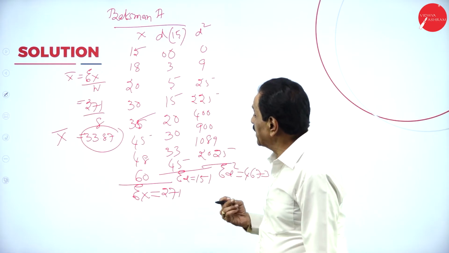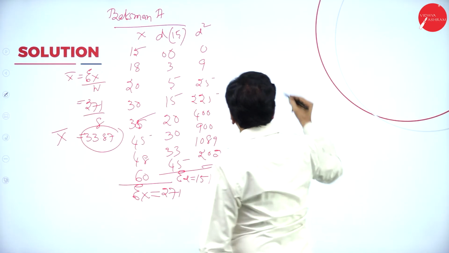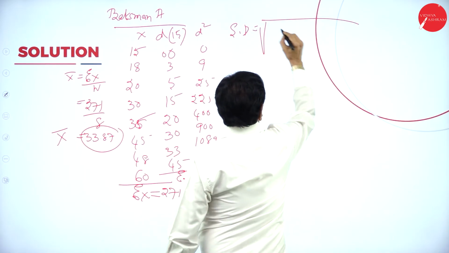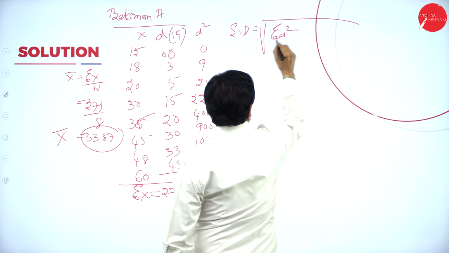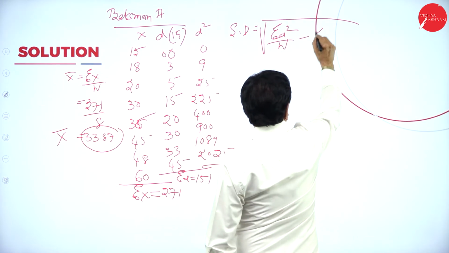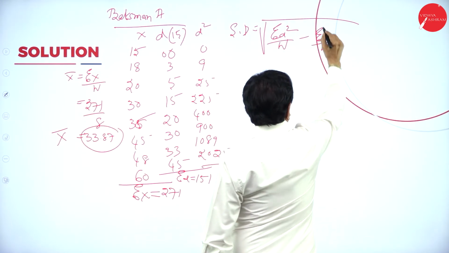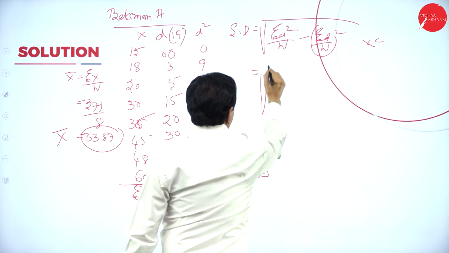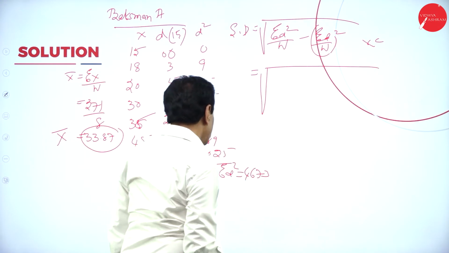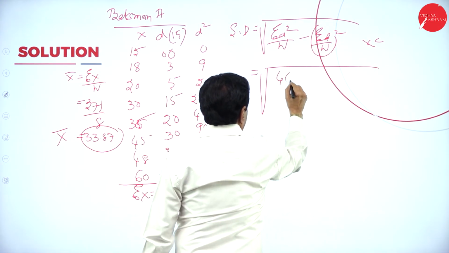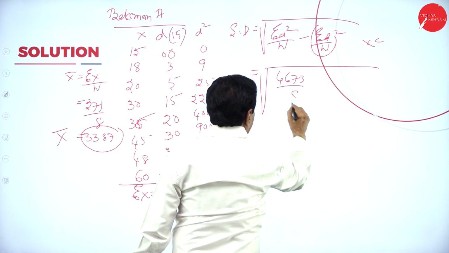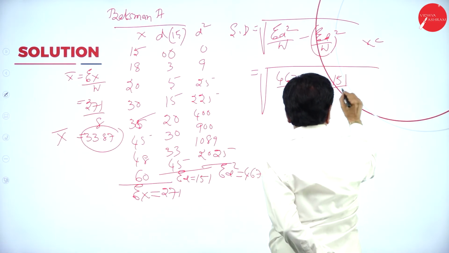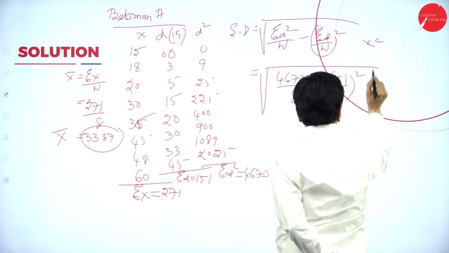You have to calculate the mean, then the standard deviation. Standard deviation is the root of sigma D square divided by n minus sigma D divided by n, whole square, into C. Sigma D square is 4673 divided by 8 minus sigma D, 151 divided by 8, whole square.